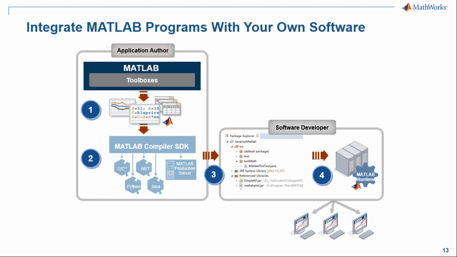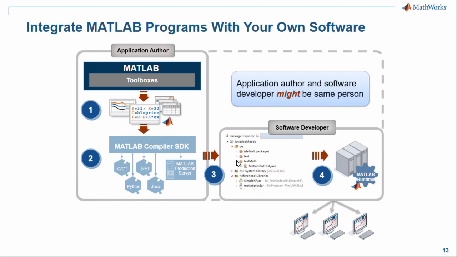So I described this as if there were two separate people working through this process of creating the MATLAB components and creating a different application in another programming language. But depending on the size of your organization, this may be the same person.